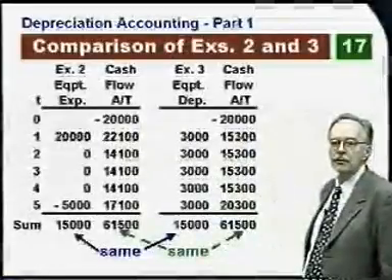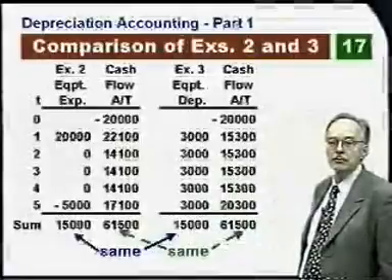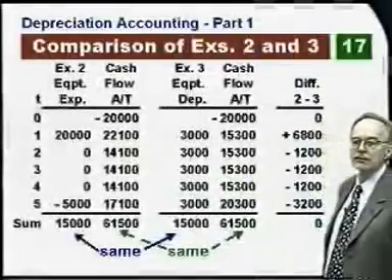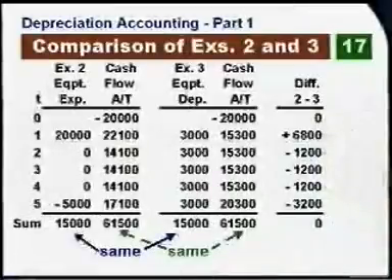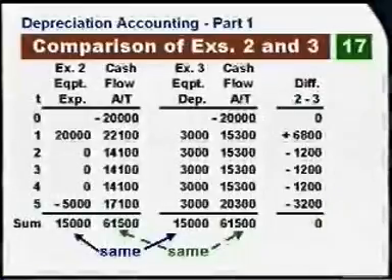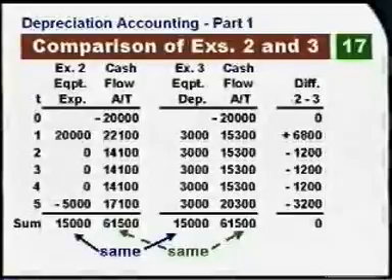So the total cash flow is the same for both examples. The timing, of course, is different. The timing in this comparison favors example 2. We get an additional $6,800 at time 1, and then, of course, that is compensated for by the differences in favor of example 3 in years 2 through 5.